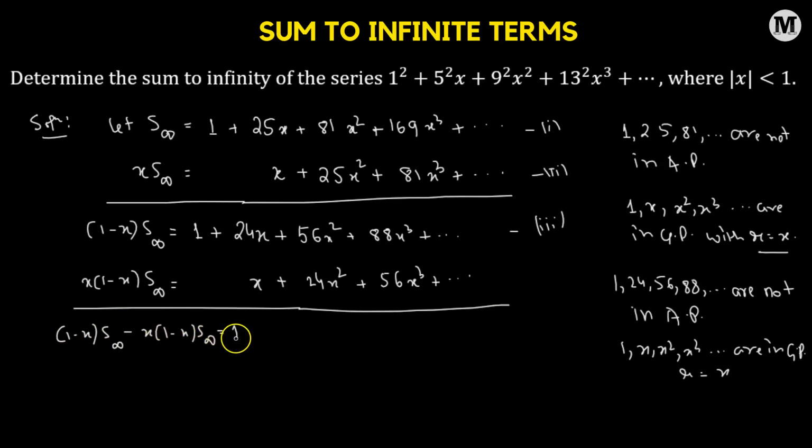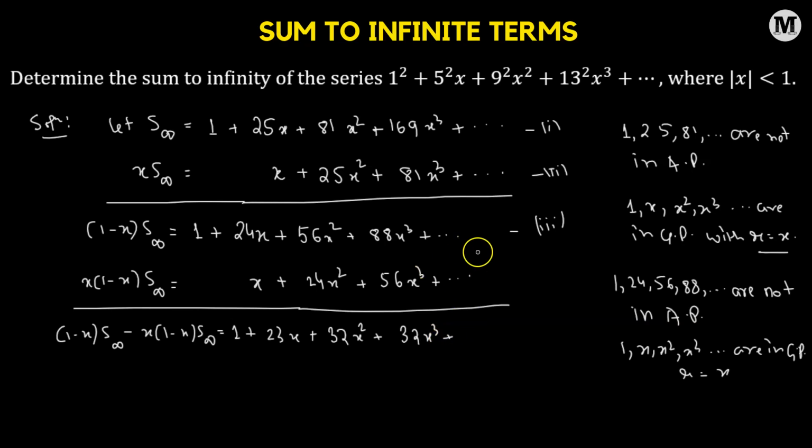So this will be equal to 1 added to 24x minus x, that's 23x added to 56 minus 24, so that's going to be 32x squared added to, then we have 88x cubed minus 56x cubed, so that's going to give us 32x cubed.